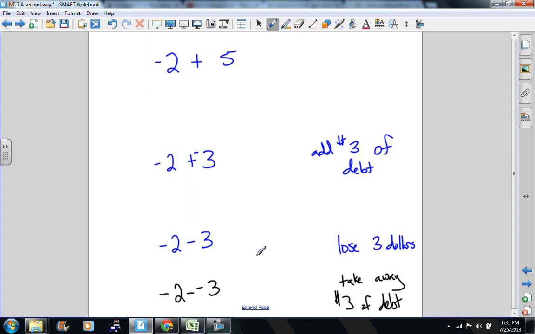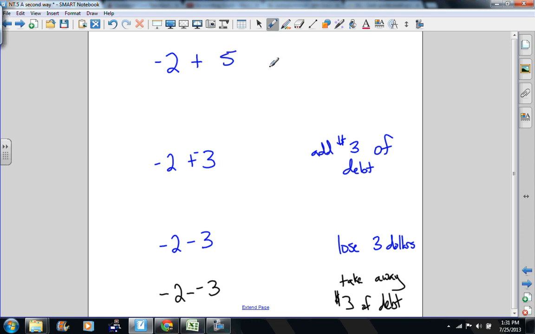Okay, so there are separate problems here. We're looking at the top problem right here. If we started with $2 in debt and we added in $5, how many dollars do we have? Well, if we owed someone $2 and then we earned 5, we would pay them back those $2, and then we would have 3 left over.